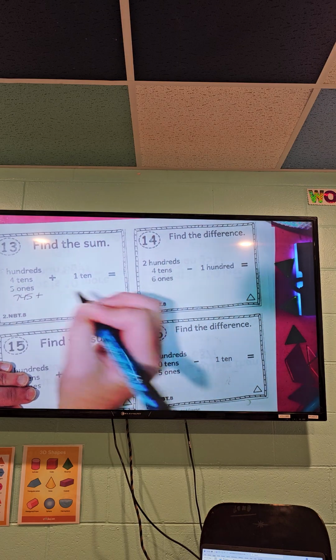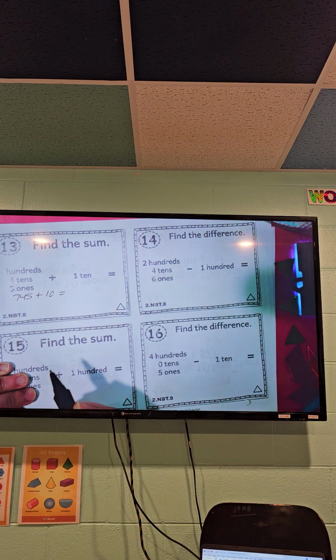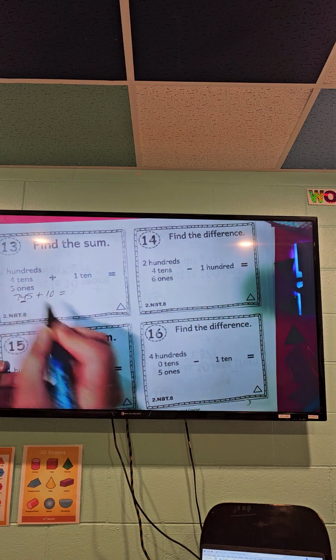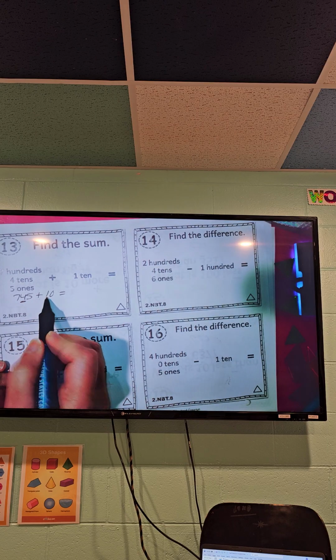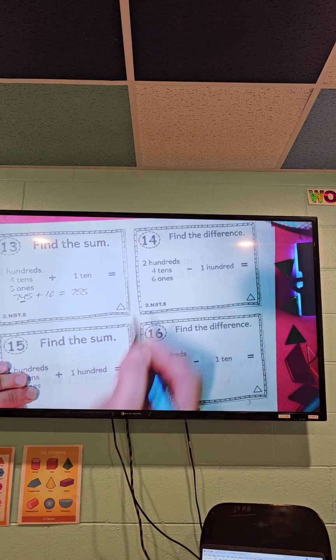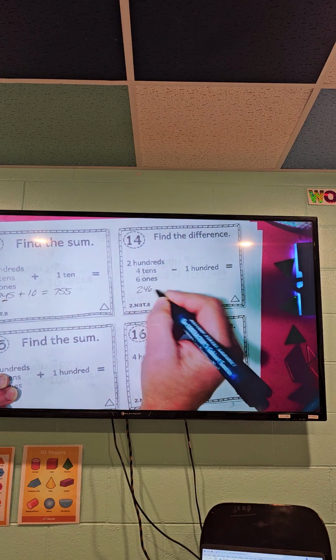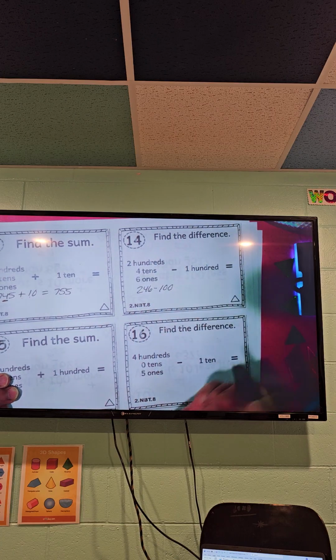745 plus 10 equals. Tens place is what we're going to adjust. The 4 is going to increase by 1. 246 minus 100.